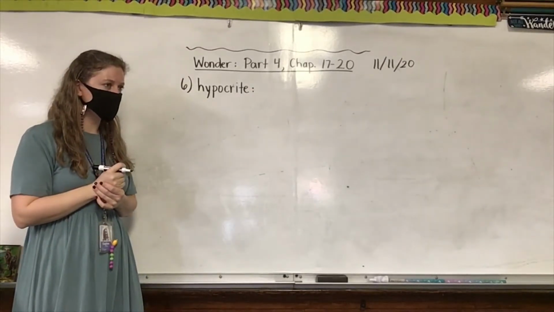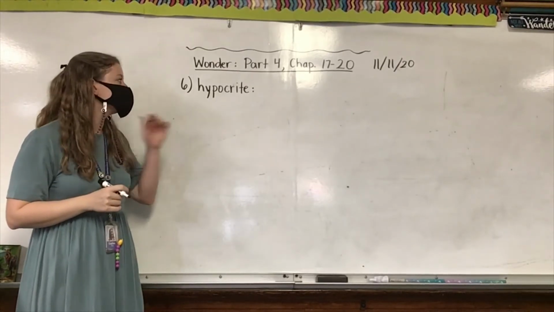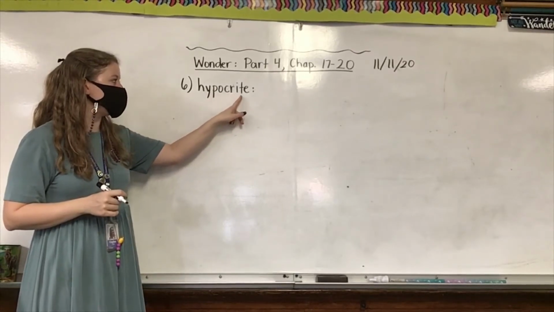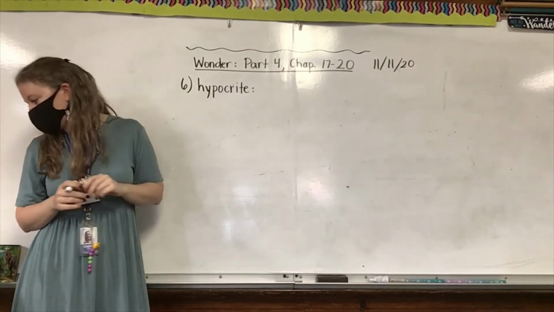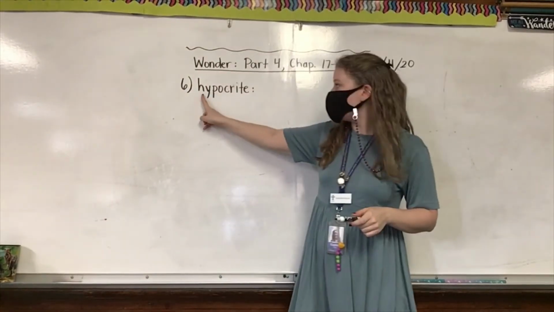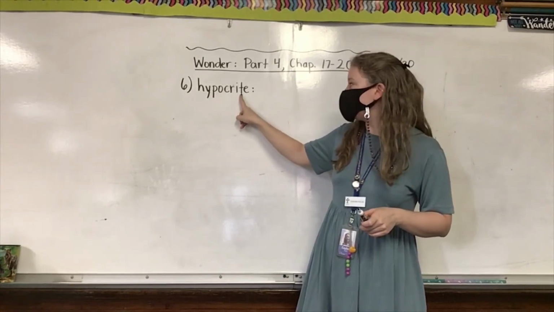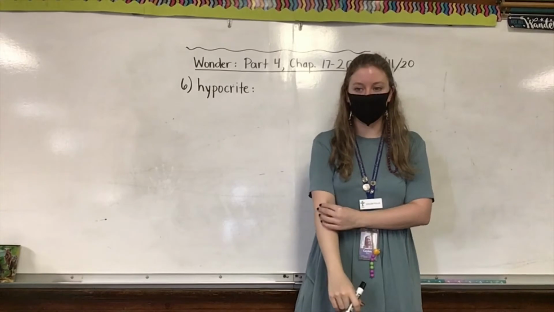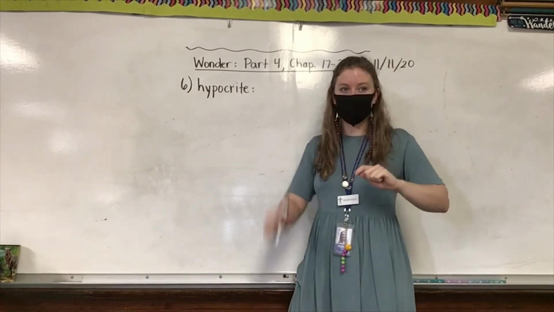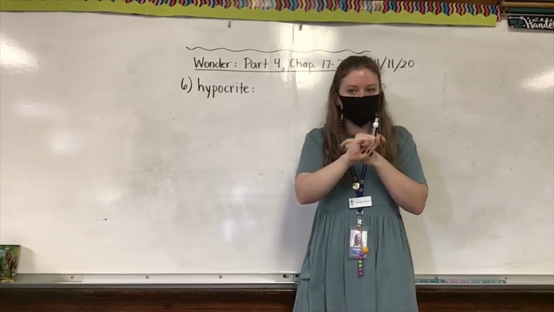What I did is, since I wrote the chapters right here, I just put Wonder Part 4. Okay. Hypocrite. Remember, short letters are short, tall letters are tall. Letters with the tail take up a short part of the top line and go underneath the bottom line.